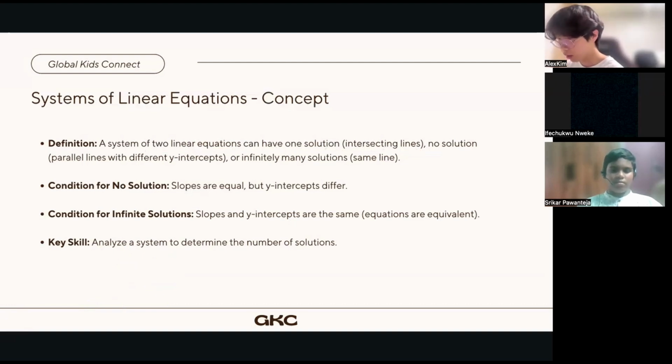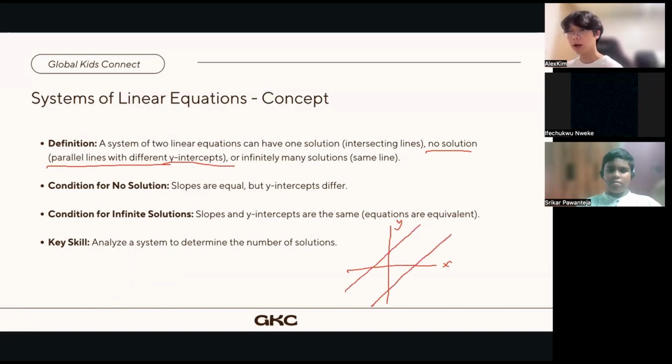Moving on, if we have no solutions, this means that there are parallel lines with different y-intercepts. I'll draw it here. We have one line going here and another parallel line, but it has a different y-intercept. The first one has a positive one, the second one has a negative one.